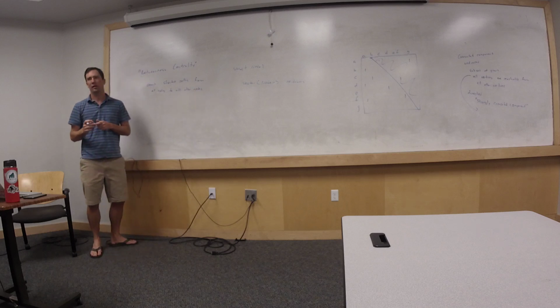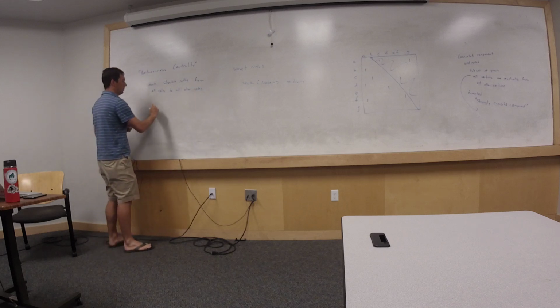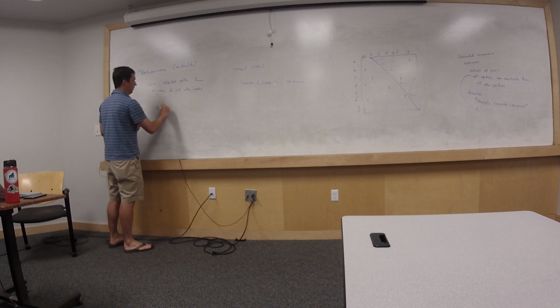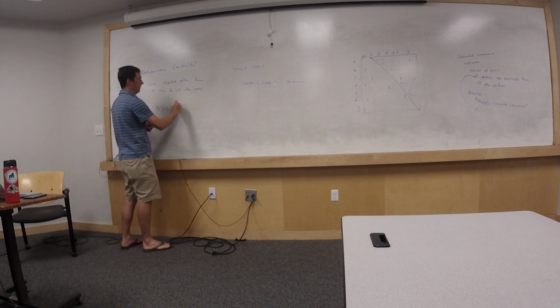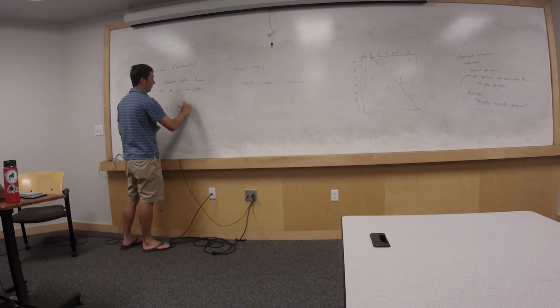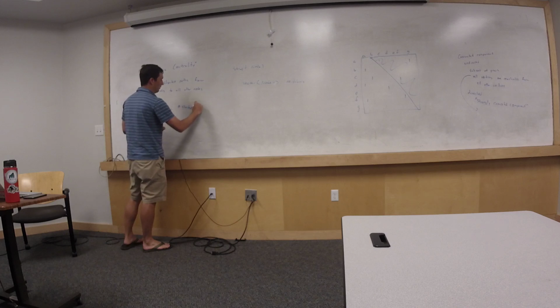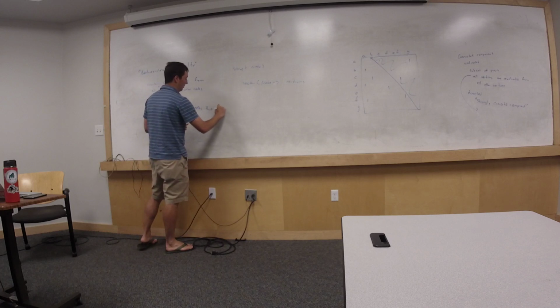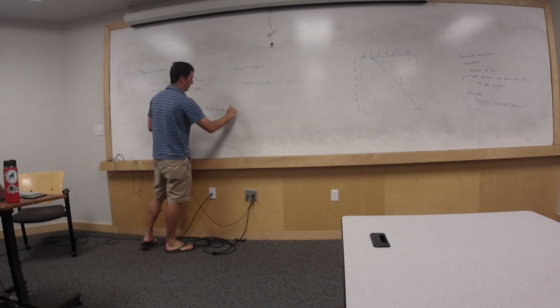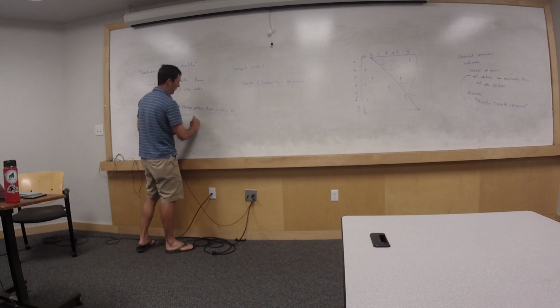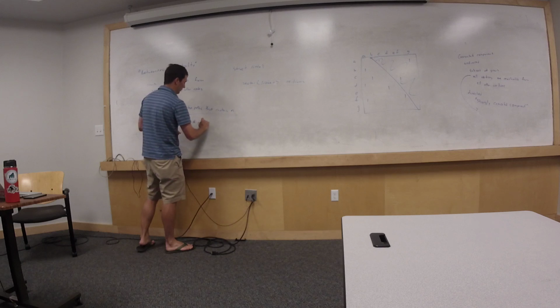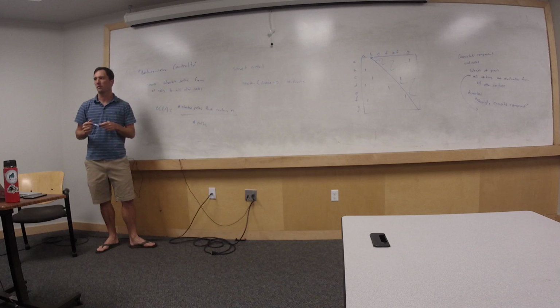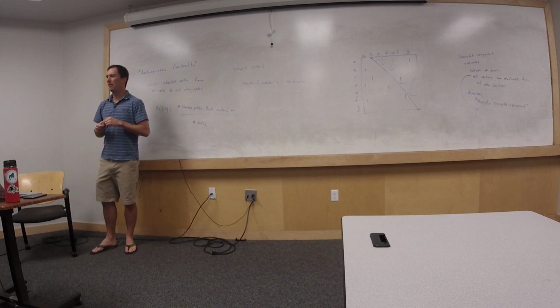Then the betweenness centrality of a node n is basically the number of those shortest paths that contain n over the number of paths. So this is measuring how much of a choke point this particular node is.